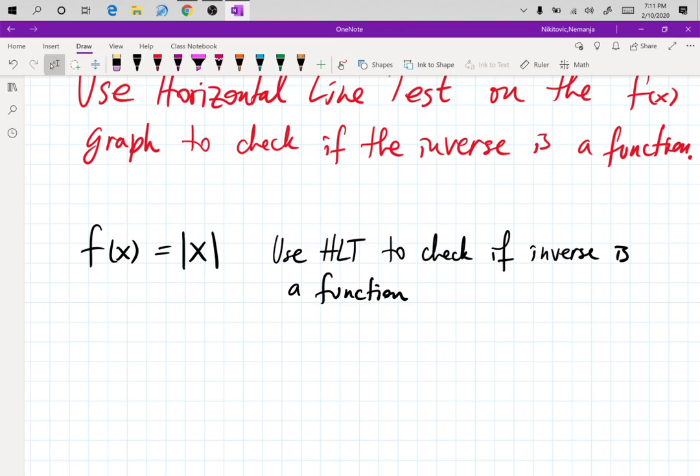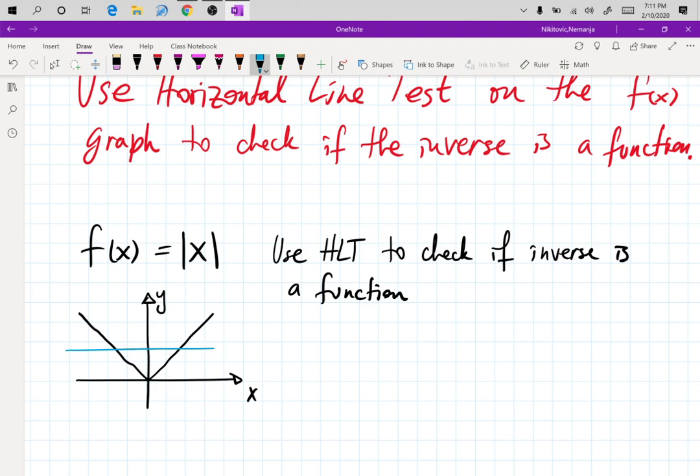Very good. So you are already responsible to know this because we learned this in 1.3, then we learned it in 1.6. That the basic shape of this one is that. Good. Now, your horizontal line test: is the inverse a function?